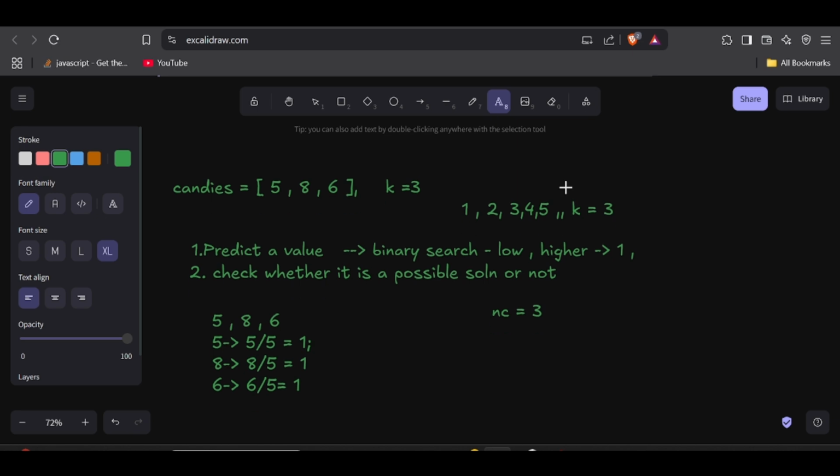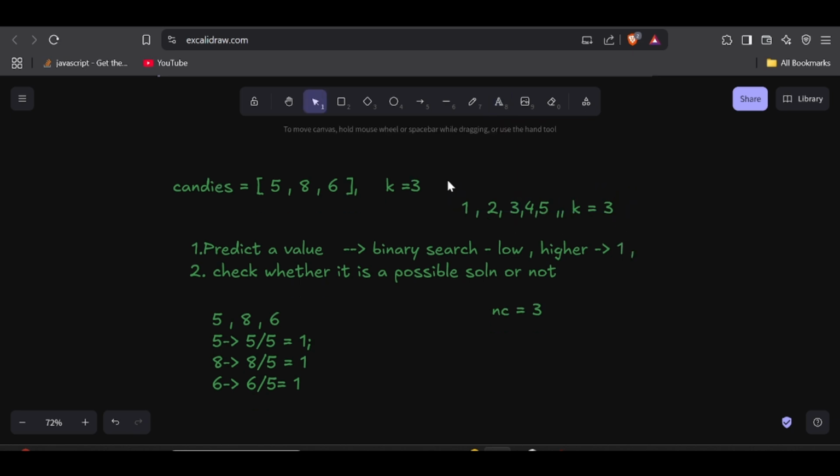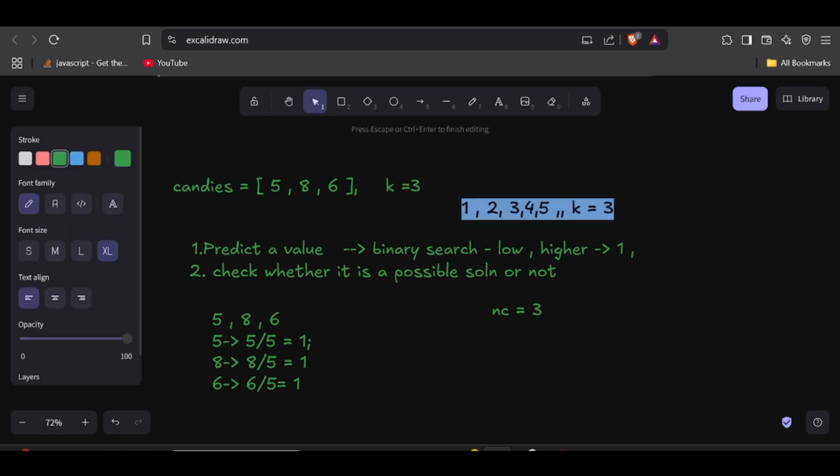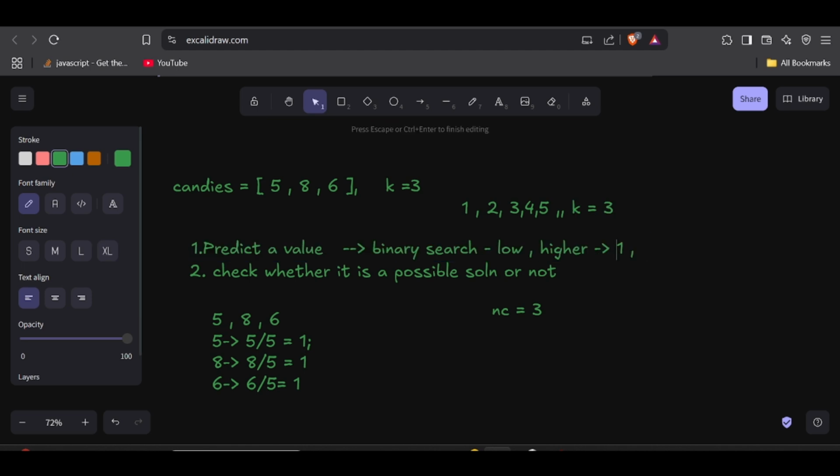Actually not, because if we will see this array, then we can just see the smallest element is 1 and we need to give candies to 3 children. So let's say I'm taking the smallest value, that is 1 only.